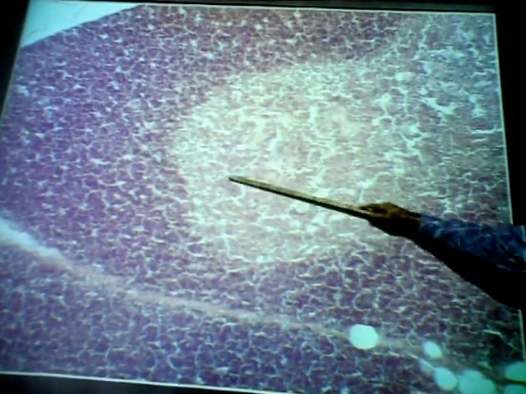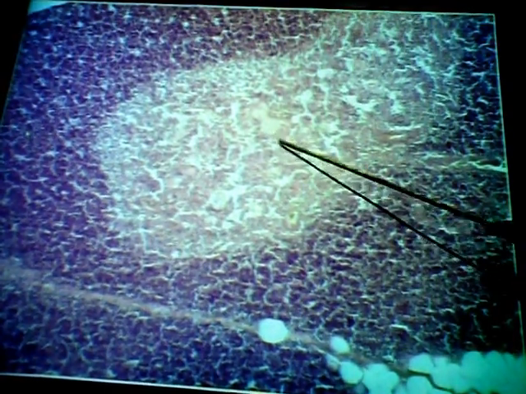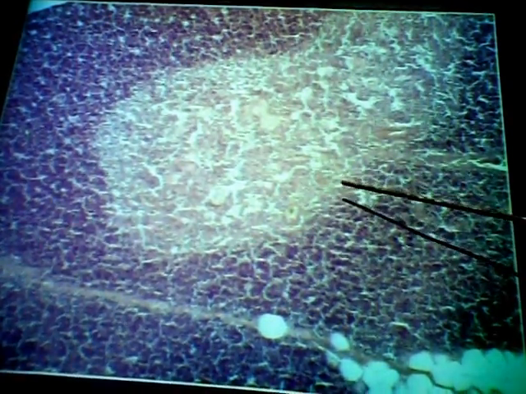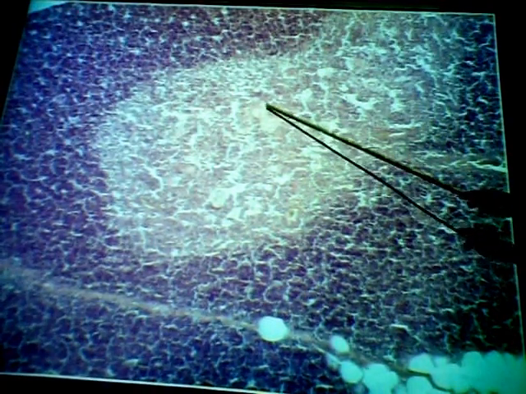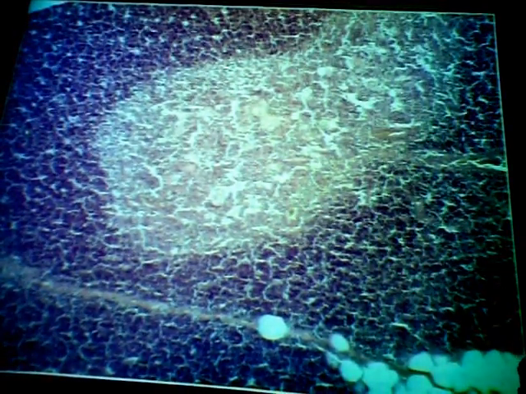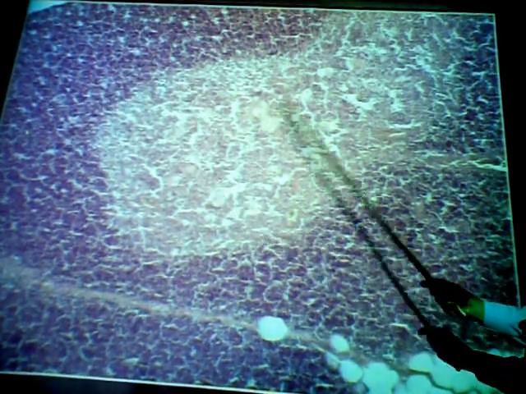The inner lighter stained region is the medulla. Okay? And it's in the medulla that you will see these particular structures here. And what are they? Hassall's corpuscles. Those are the Hassall's corpuscles or thymic corpuscles, easier term. Okay? And again, they're in the medulla.